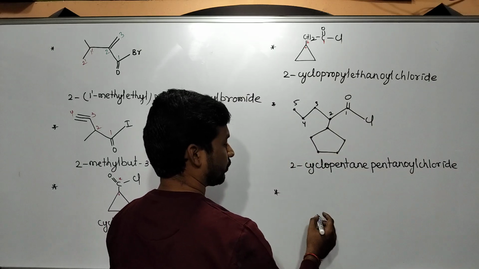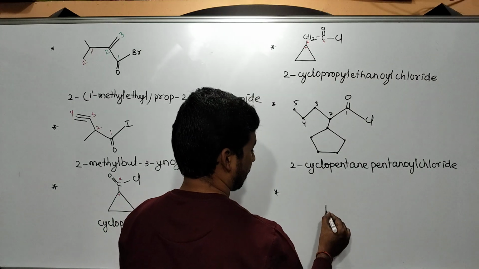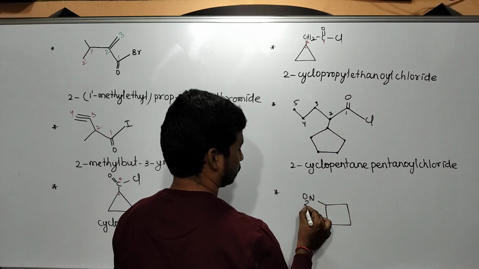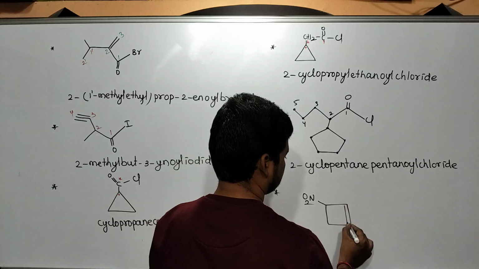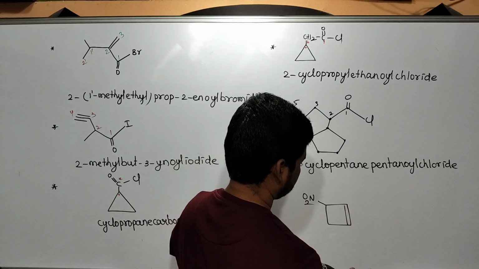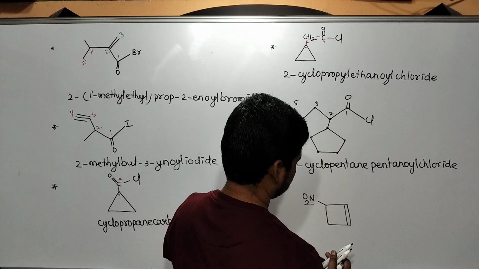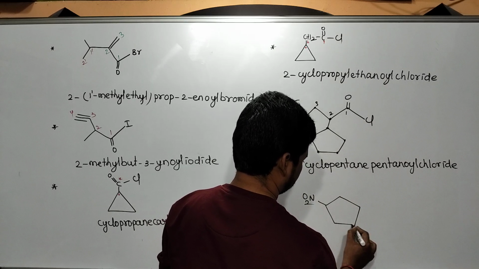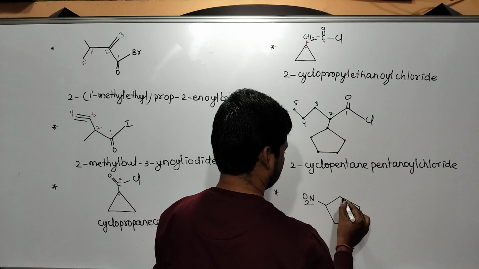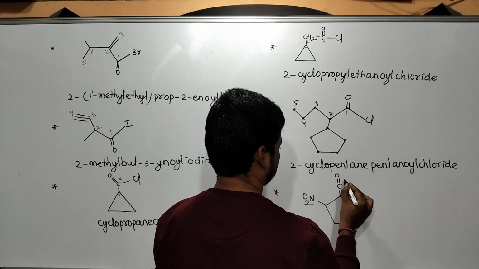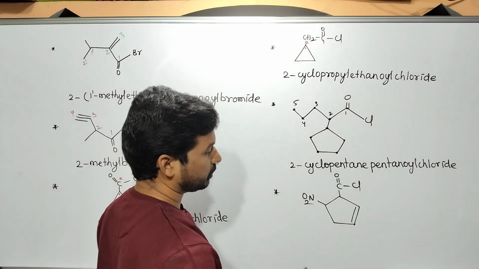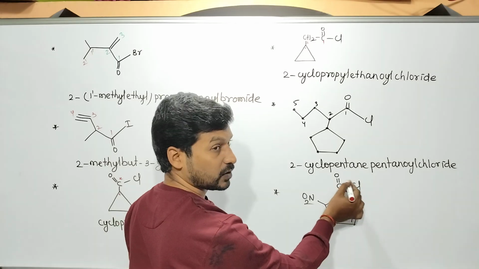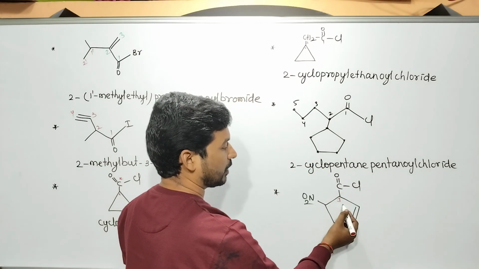Next. How do you give numbers for this? For this cycle, this is 1, because the carbon attached to the functional group must be 1.